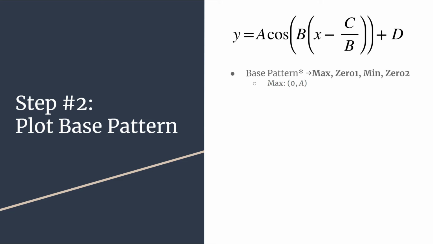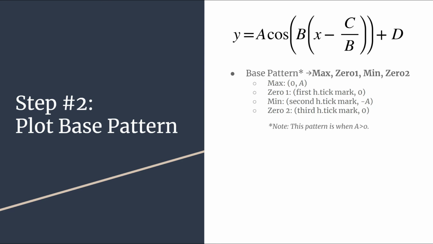We'll start on the y-axis. So we'll find our first point using 0, a. Our first 0 or x-intercept will happen at our first horizontal tick mark to the right of the origin. Our minimum will happen at the second horizontal tick mark, and its y-coordinate will have an opposite value of a. And then the final 0 in the pattern will be at the third horizontal tick mark.